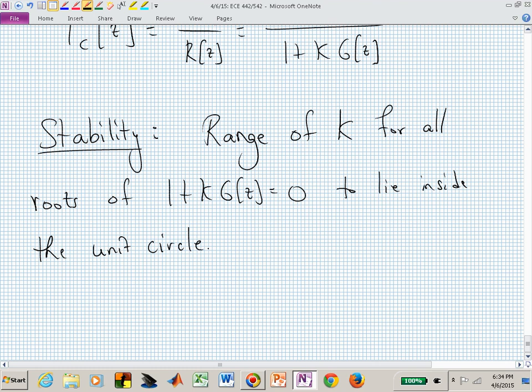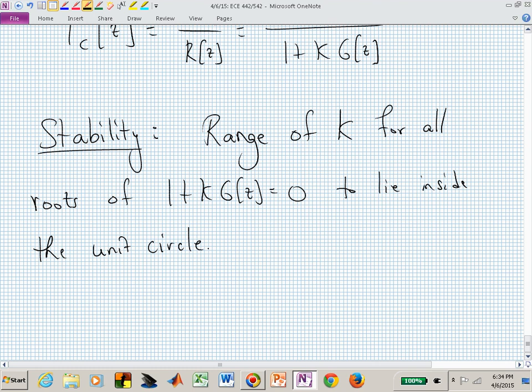You have to have all of your poles, and in this case you have 2 of those if you don't have any more complicated controller than a proportional controller. You need all of those poles simultaneously to be inside the unit circle for a range of gain k in order for the system to be stable.